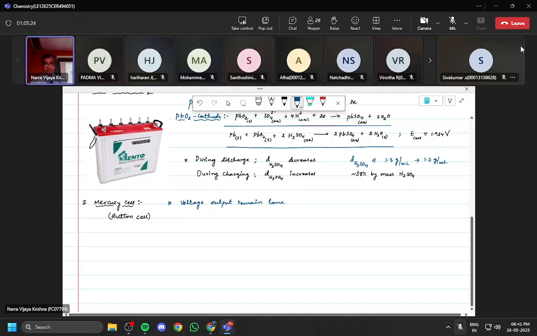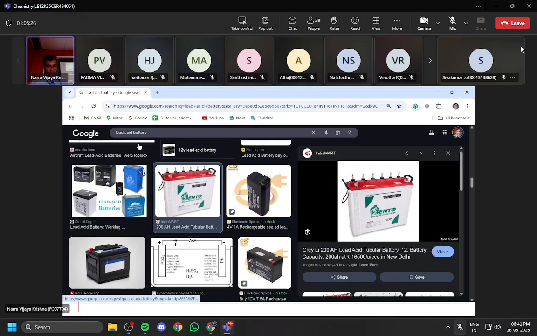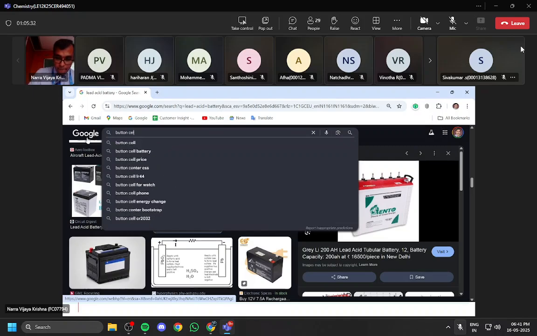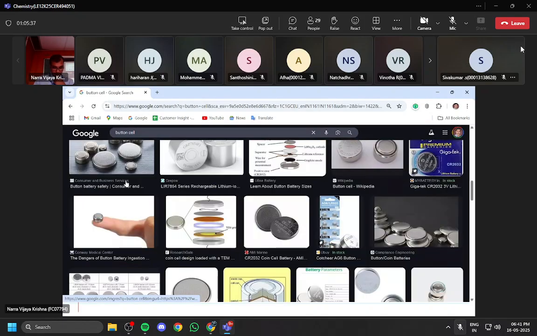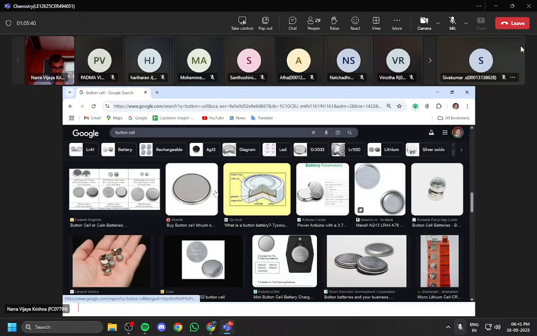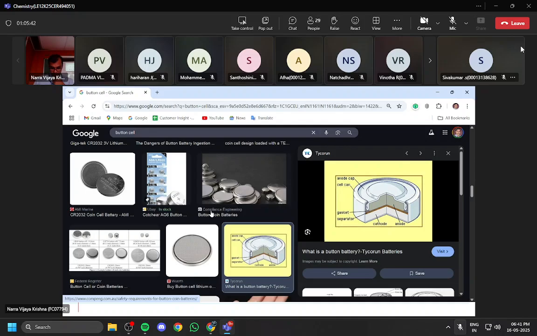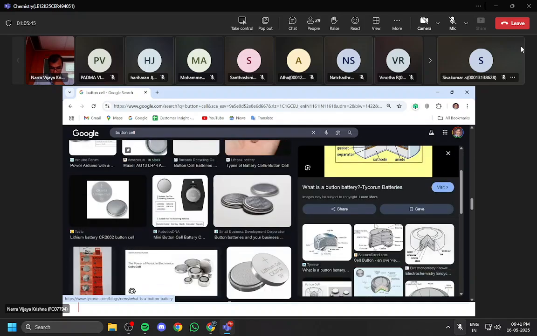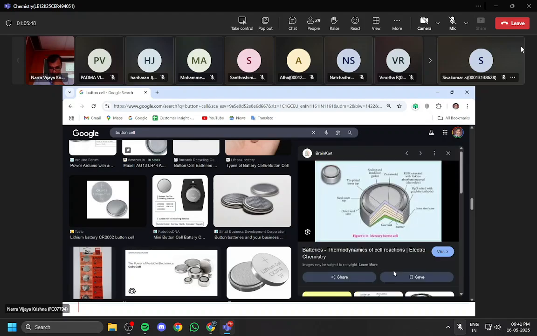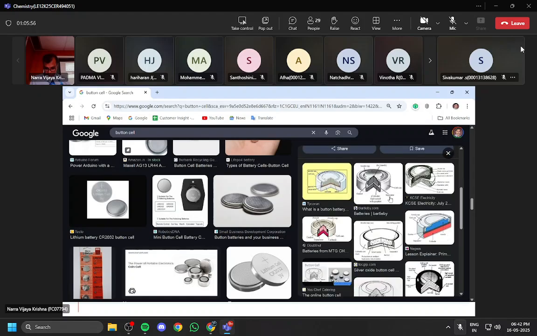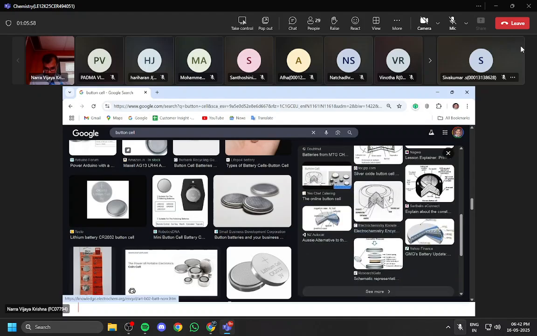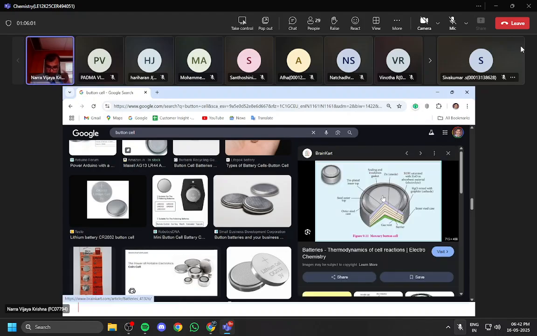Right? So let me take one image for button cell. Can I take this image? This image seems to be better, no? Right, I am taking this image. This only seems to.